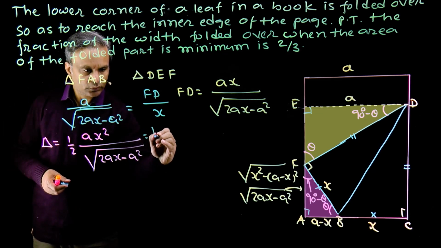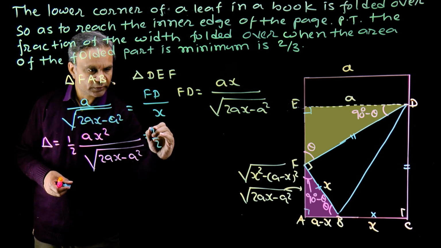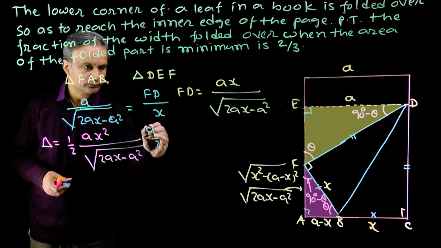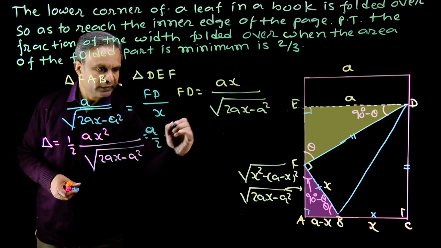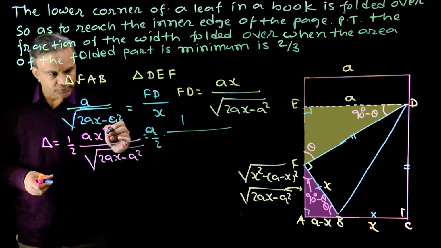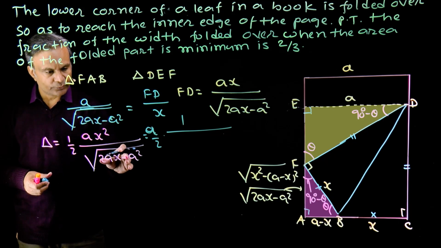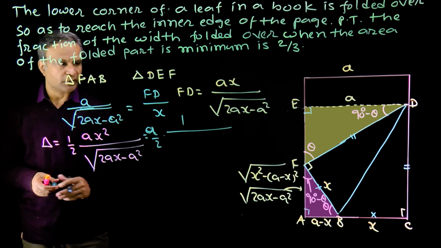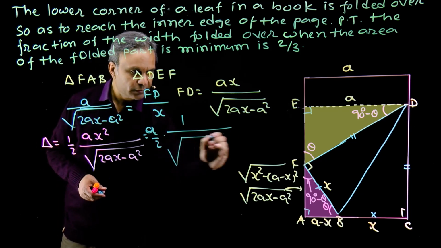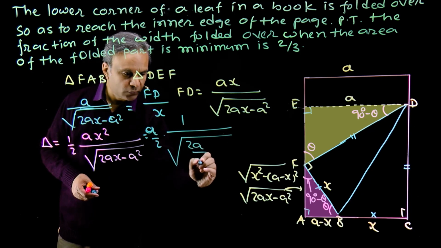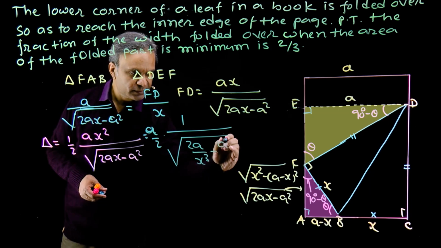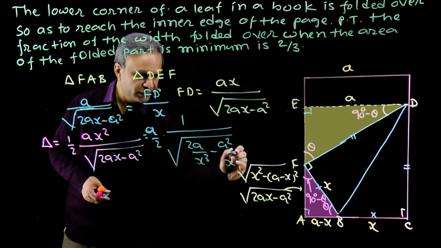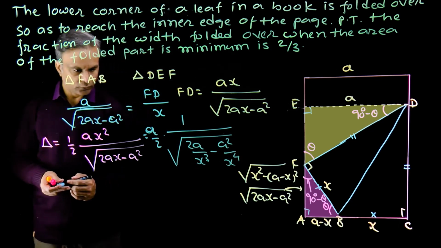This is equal to a upon 2 multiplied by 1 upon, I take this x squared in the denominator, so inside the square root I divide by x to the power 4. I get square root of 2a over x cubed minus a squared over x to the power 4.